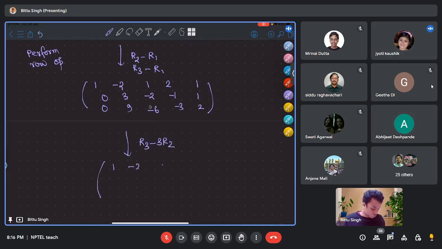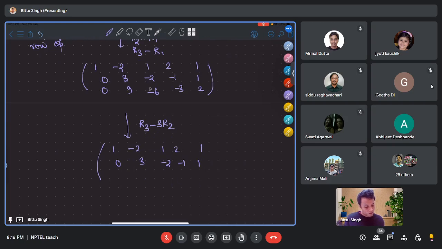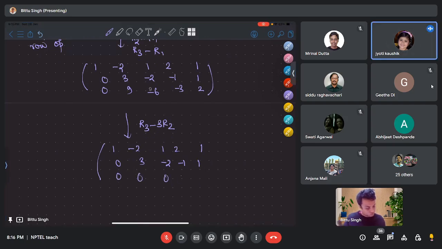Then 1, minus 2, 1, 2, 1; 0, 3, minus 2, minus 1, 1. And after that, it will be 0, 0, 0, 0, minus 1, which is not equal to 0.